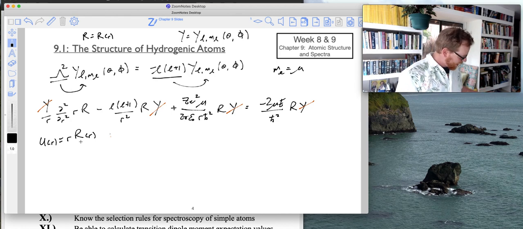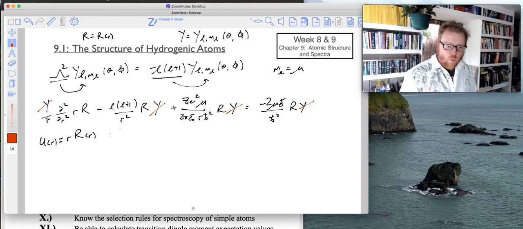All right, and then I did one last algebra step that I forgot to do, and let's do that. So we eliminated y, and then because we've got this 1 over r here, we're going to multiply both sides of the equation by r.